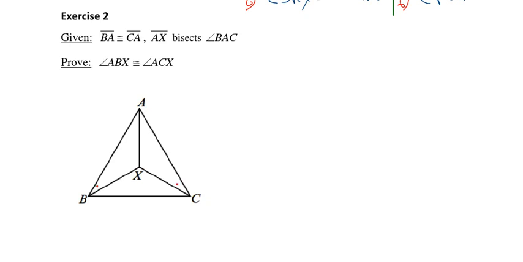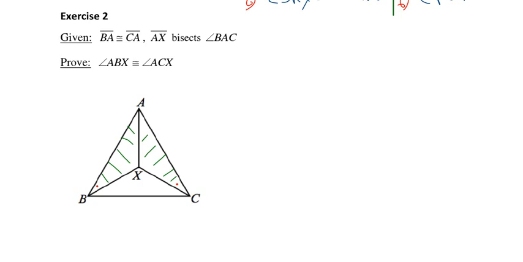And in order to do that, first you will need to show that this triangle here is congruent to this triangle here. That's the only way. Now we identify what we're given in order to do the proof.